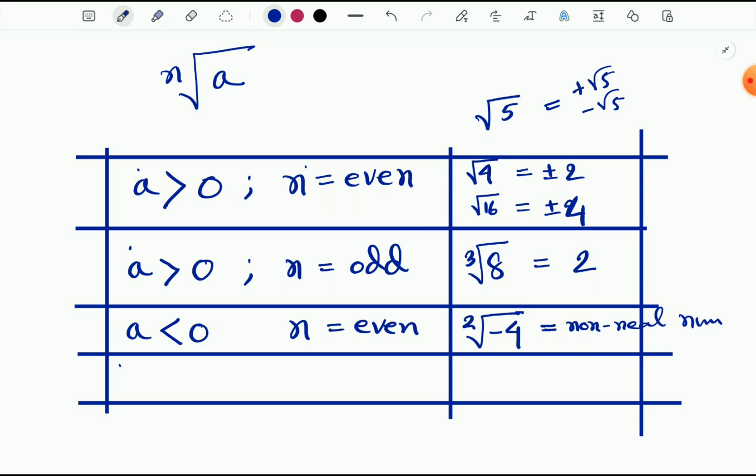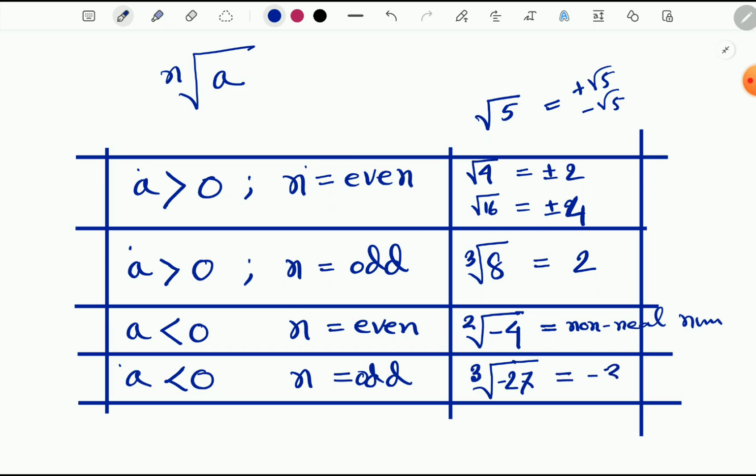A less than 0, n equal to odd. In this case, again we'll get root. Let's say minus 27. Okay, so this gives us minus 3.